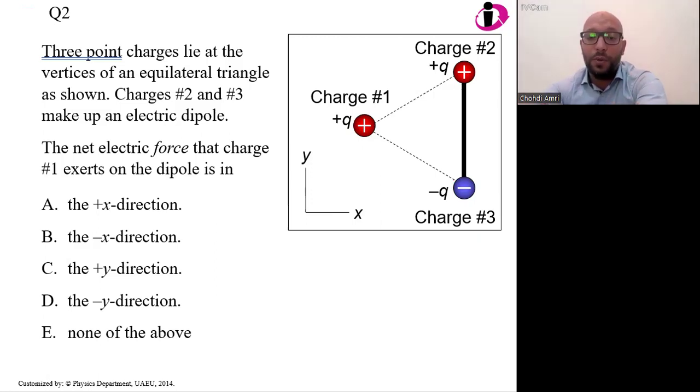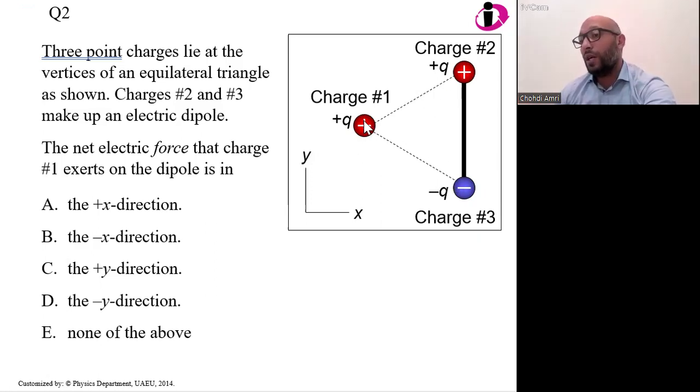Please don't be confused here, because we said the net electric force on an electric dipole in the presence of a uniform electric field is 0. Do we have a uniform electric field here? No, we don't. So what will be the net force?